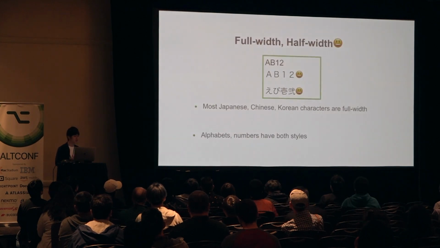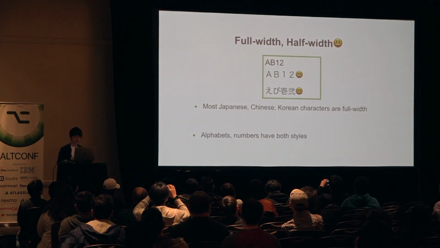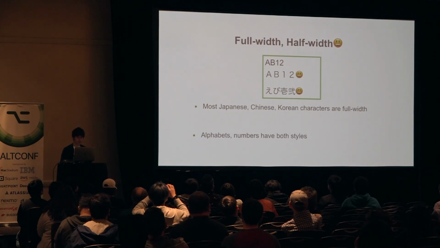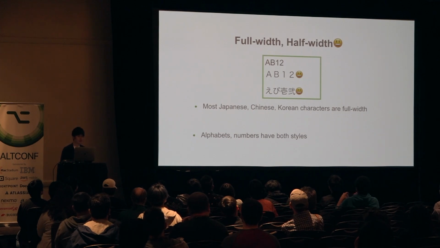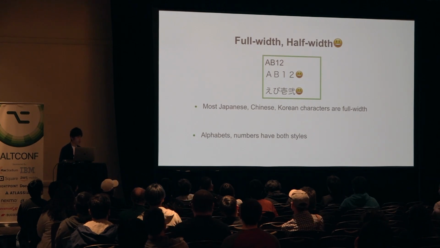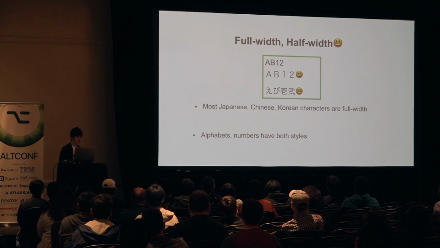Do you know about the concept of character width? There are full width and half width characters. You know, emojis are wider than alphabets. That's full width. On the other hand, normal alphabets are half width. Most Japanese, Chinese, and Korean characters are full width.